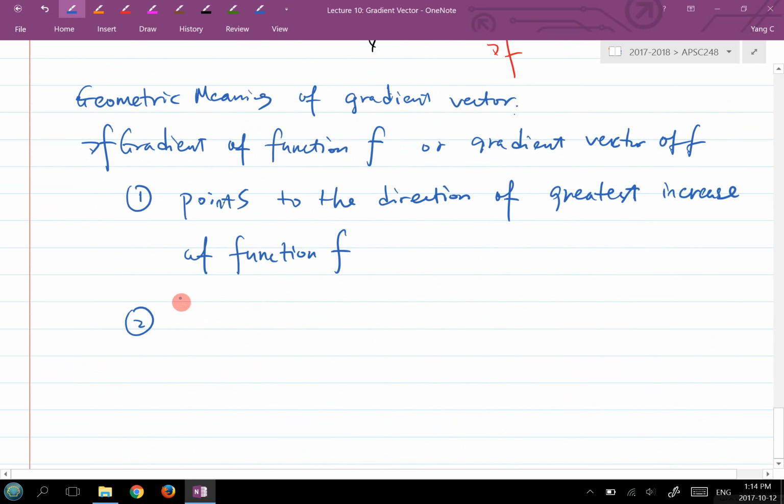Second part of the meaning: del f here is a vector. I touched upon the direction, the meaning for the direction part. Then the other part is its magnitude.